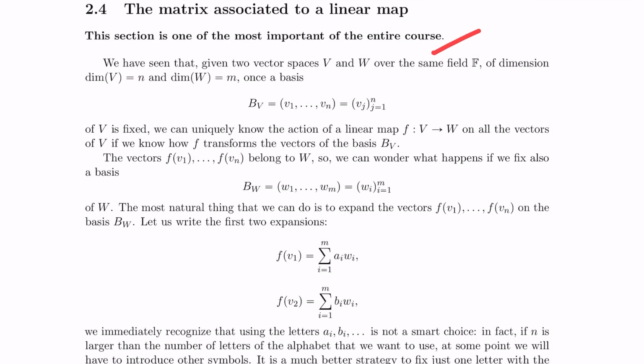This section is one of the most important of the entire course. We're going to see how we can associate a hugely important object of linear algebra called matrix to a linear map.